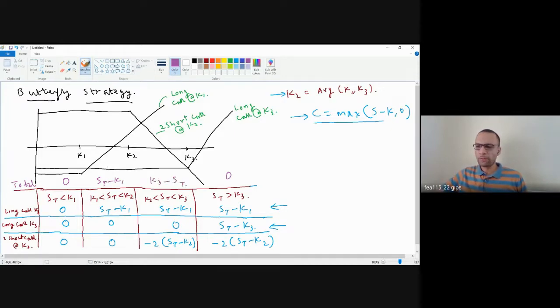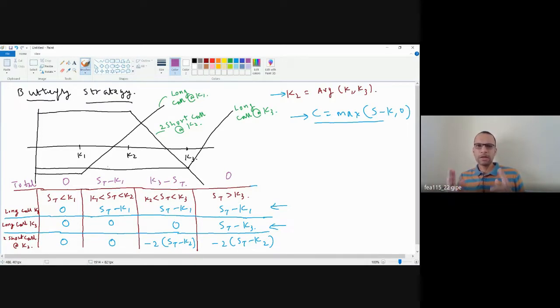So if you see for the butterfly strategy, as long as you're staying within the two bounds of K1 and K3, you get a certain positive payoff. And the moment you breach K1 and K3, you reach a payoff of 0. So this is how you look at a butterfly spread. If you're confident that the underlying is going to remain between K1 and K3, the barrier levels, I won't exactly call it a barrier level because it can be confusing because barrier options are separate.